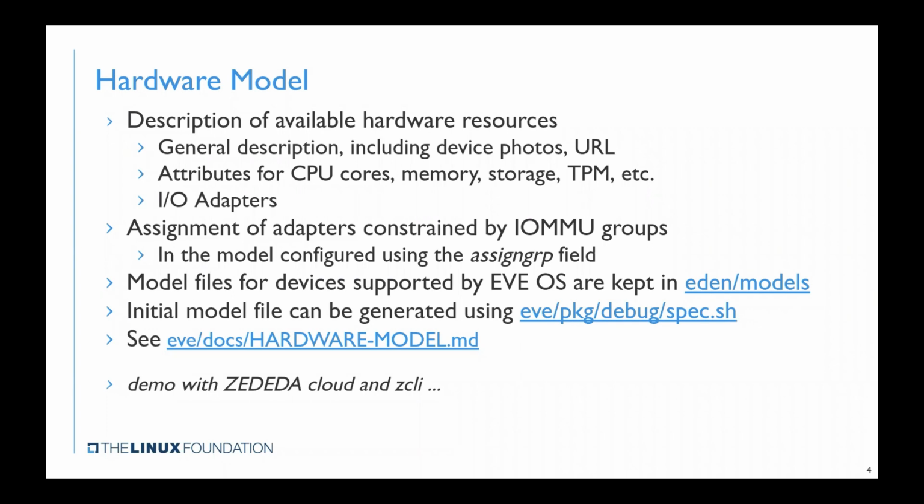For example, a group of adapters can share the same DMA controller, and it would be insecure to separate them and put them into different applications, because in theory one application could use this DMA controller to read physical memory from another application. So there are constraints on how we can assign these adapters and how we can split them from each other. In Linux, these are covered by IOMMU groups.